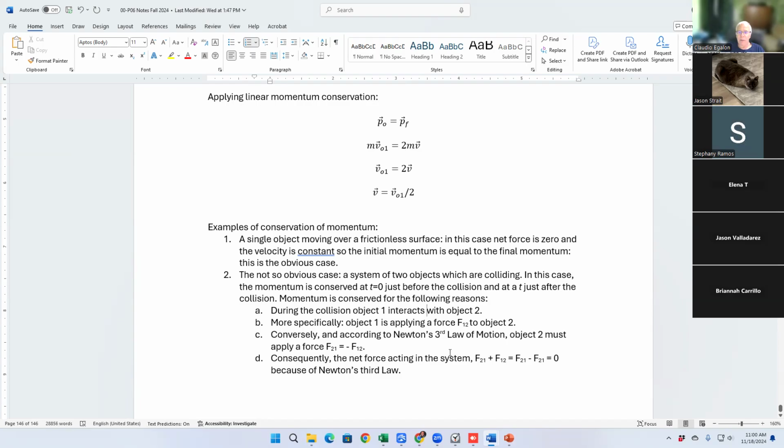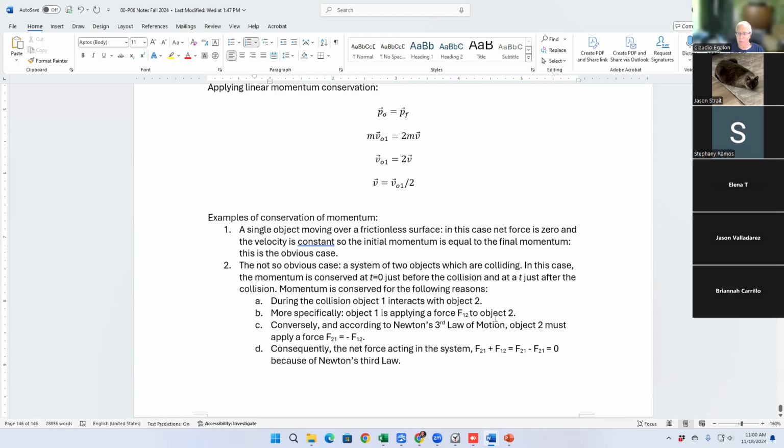More specifically, object 1 is applying a force F12 to object 2. Conversely, and according to Newton's third law of motion, object 2 must apply a force minus F12, right? Consequently, the net force in the system must be 0, because of Newton's third law.